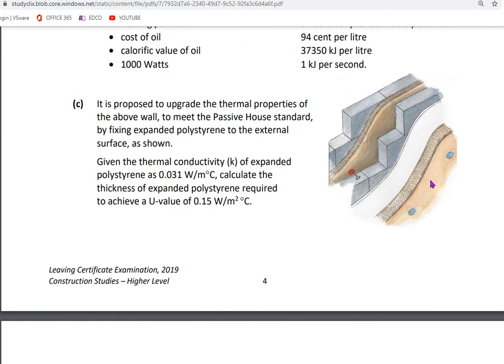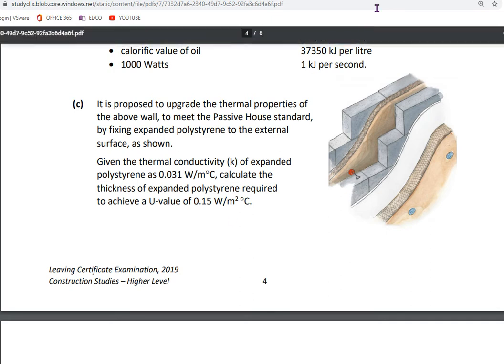We're going to stop the heat going out through the wall. So the more insulation you stick onto the wall, the more resistance you create. And we want to figure out how much insulation we have to stick onto the wall, in other words, how much resistance we have to stick onto the wall so that our U value ends up at 0.15. That means we need to work out the resistance of the new wall compared to the old wall.